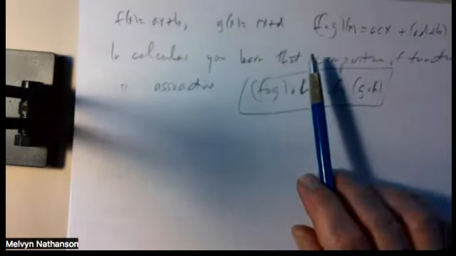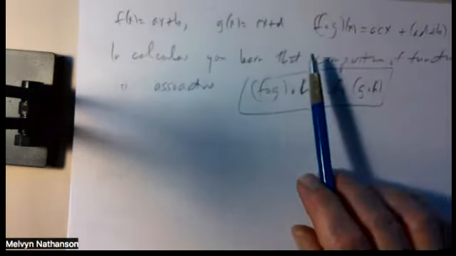So in this affine group, what is a group? Under composition of functions. And if we take a simple example, suppose we take f of x equals x plus 2, and g of x equals 3x plus 4.